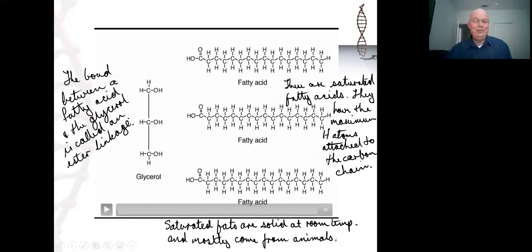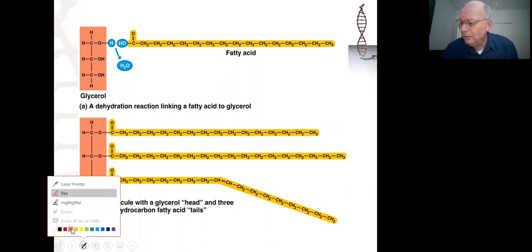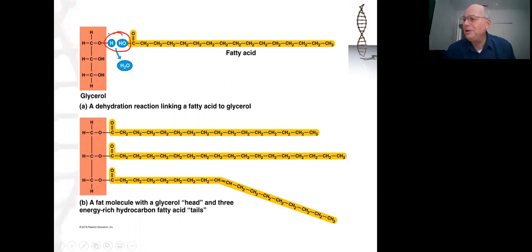And as you might guess, it's formed by a dehydration reaction, as you'll see in the animation. So again, this animation is available through the resource page for this chapter in Canvas. So here you can see an example again of a fatty acid and the glycerol backbone. It is a dehydration reaction, so that's going to be removed. There's the water molecule coming out. Here is the example of an ester linkage.